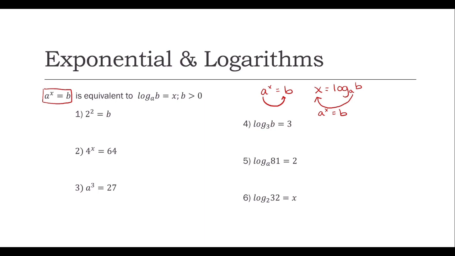So 2 squared equals b. That one's pretty easy. You just get 4 equals b. 4 to the x equals 64. You would take this 4 and make it the base of a logarithm.